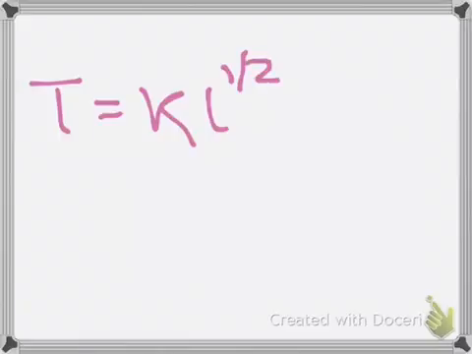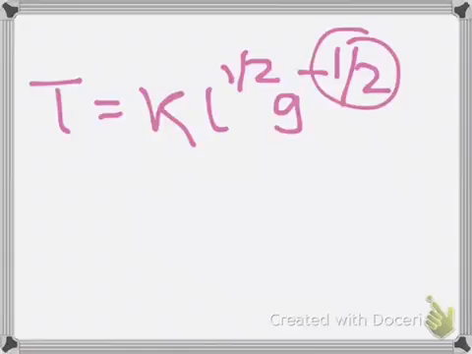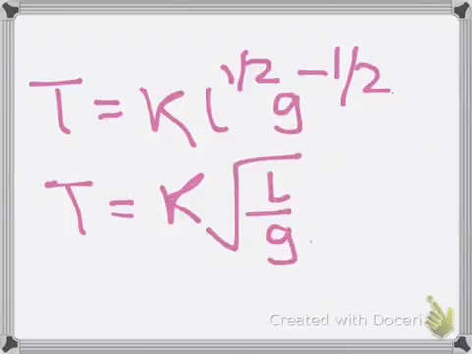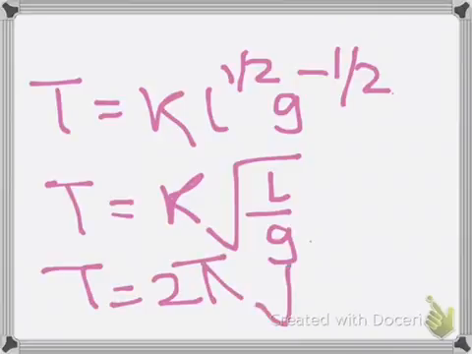So substituting these values, we get T is equal to K into L raised to the power half, g raised to the power minus half. So T is equal to K into root of L upon g is our equation. And we know that K is 2 pi, so T equals 2 pi root L upon g, that is our equation.